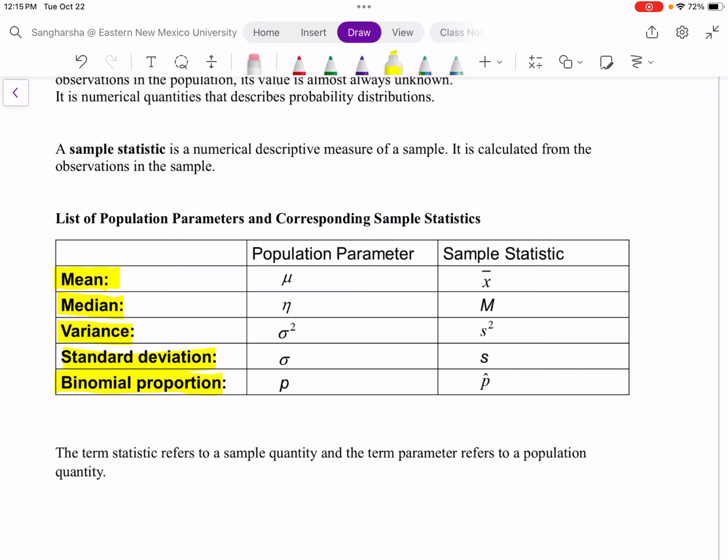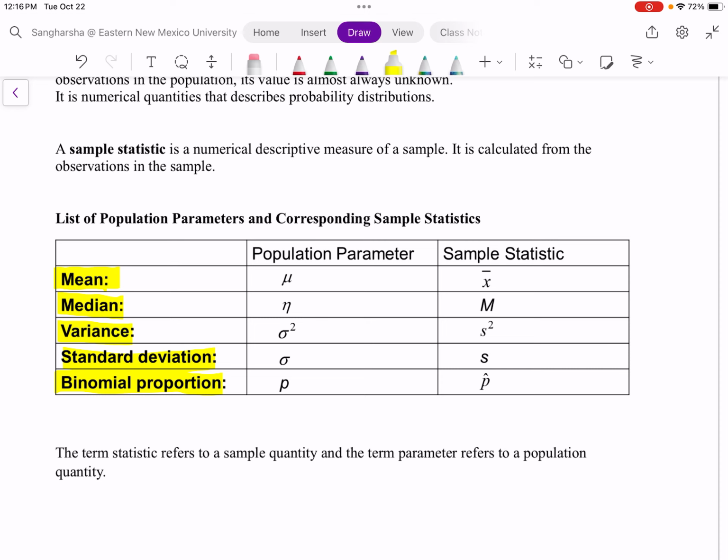Now if you have two data sets, one data set has a standard deviation of 1.5 and the second data set has a standard deviation of 2.5. Which data set is more spread? 2.5. The data set with a standard deviation of 2.5 is more spread, right?